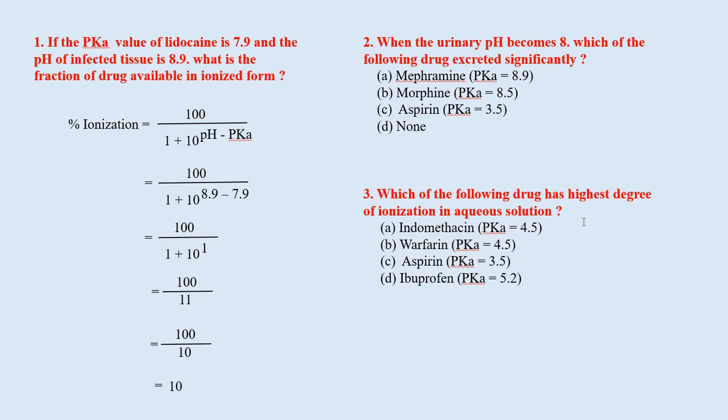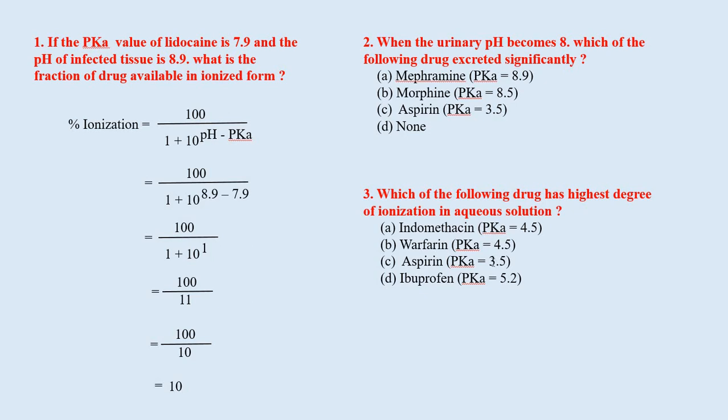The water pH is 7. Then here you have the value of pKa, and based on that value you can segregate the drugs into four different classes.